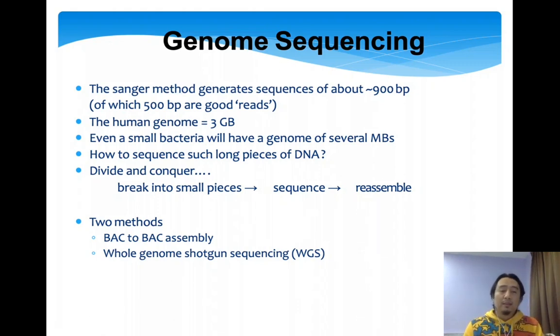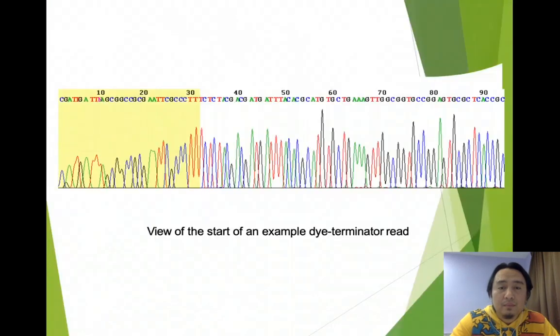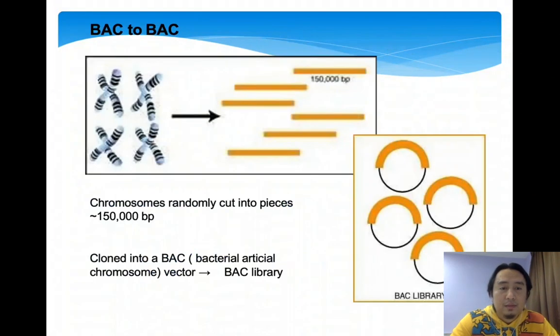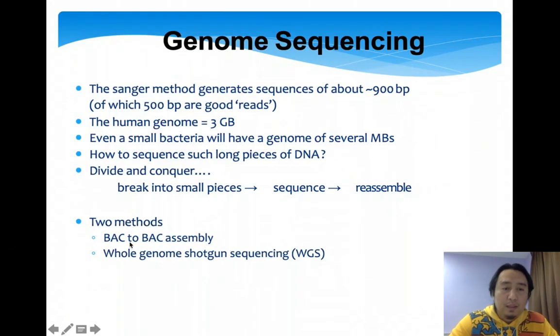The first one is BAC-to-BAC assembly, and the second one is whole genome shotgun sequencing, WGS. So there are 2 methods, BAC-to-BAC assembly and WGS.